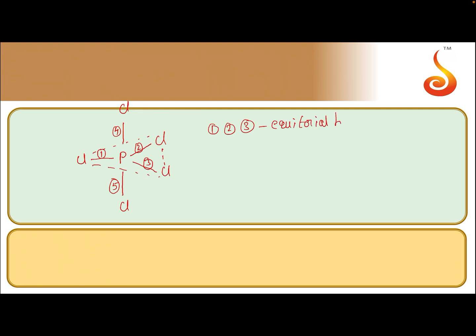The bond angle between the equatorial bonds is 120 degrees. The bond angle between the two axial bonds is 180 degrees. The bond angle between axial and equatorial bonds is 90 degrees.